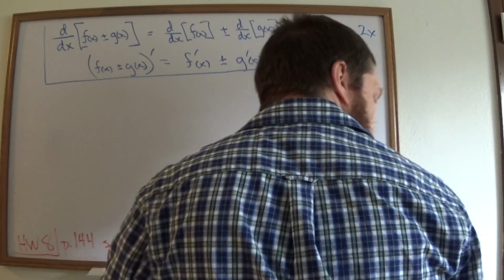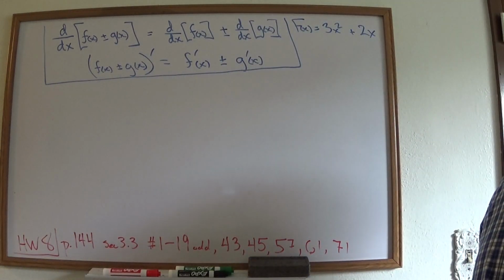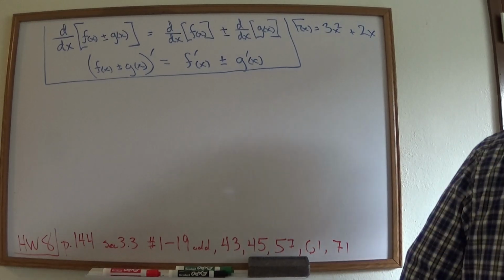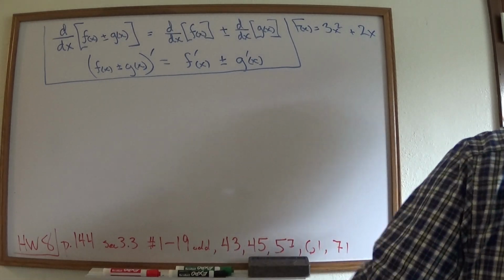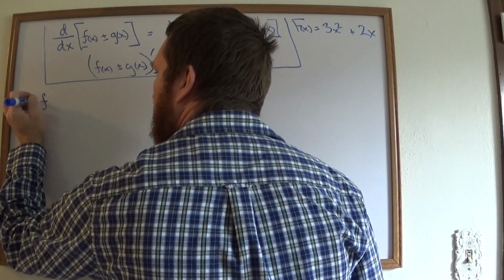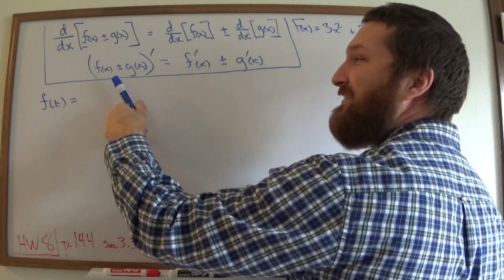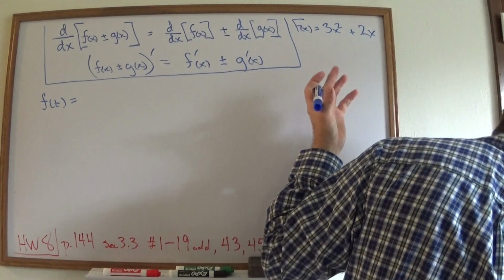Now, in your homework 6, number 19, you had to find the derivative of f of t, and yes, if it's t, you just change all the x's to t's, okay?